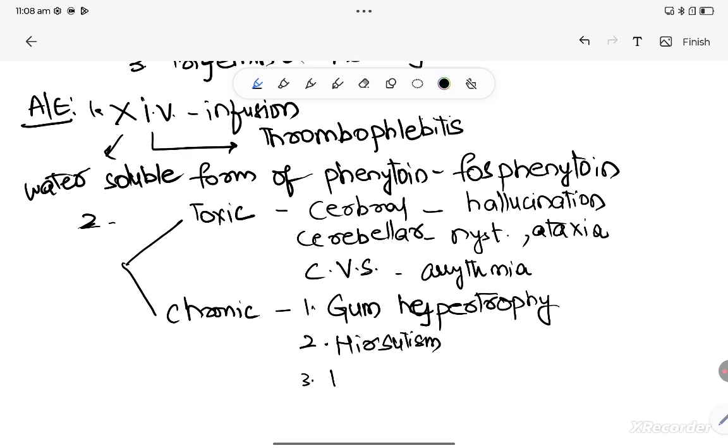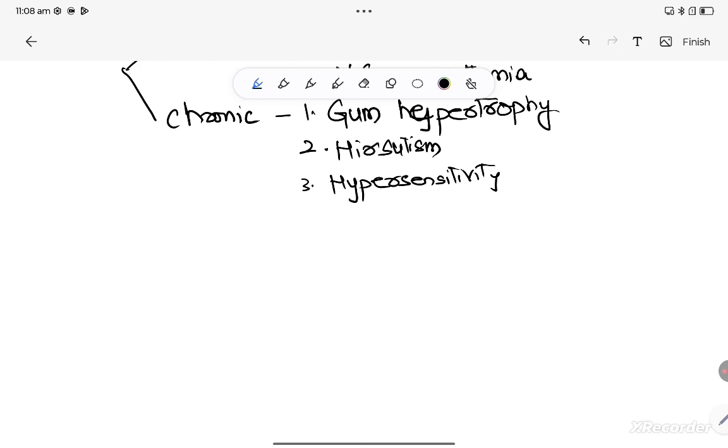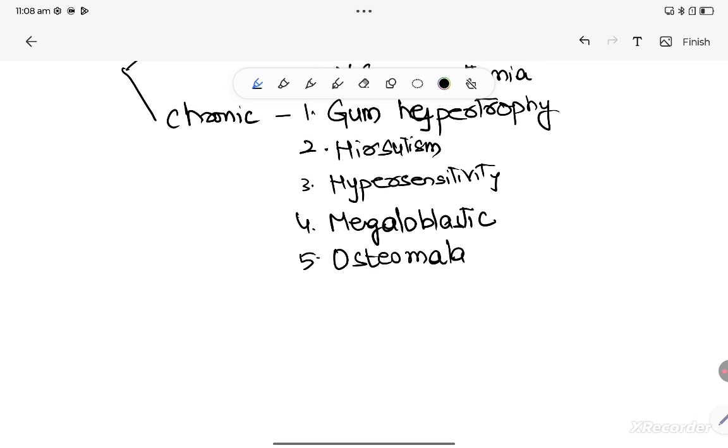Then hypersensitivity. It also causes megaloblastic anemia, as well as osteomalacia. Osteomalacia is because of vitamin D absorption hindrance, and megaloblastic anemia is because of folate absorption hindrance.